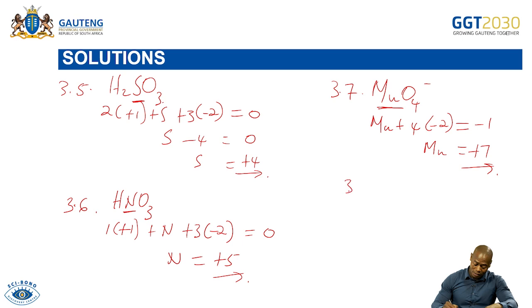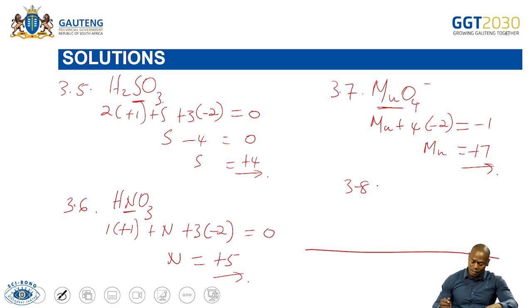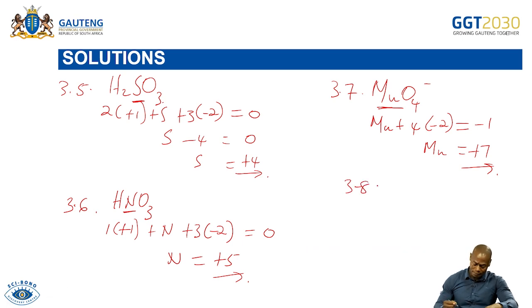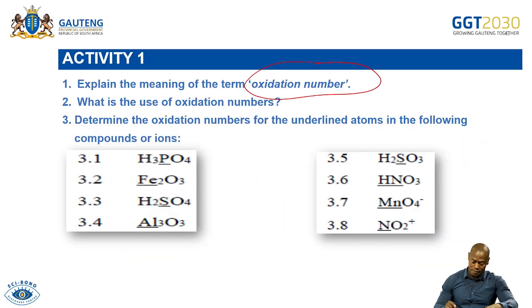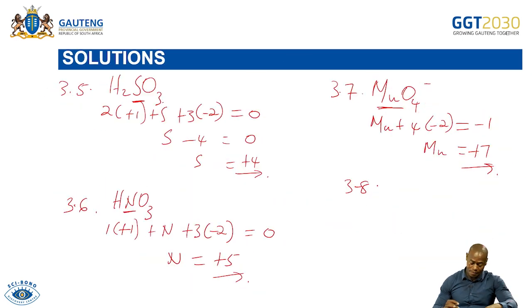Then let's look at 3.8. 3.8, you are given NO2 plus, right? So if it's NO2 plus, it's N, so they're looking for the oxidation number of nitrogen, so plus 2 into -2, this should be equal to 1, right?